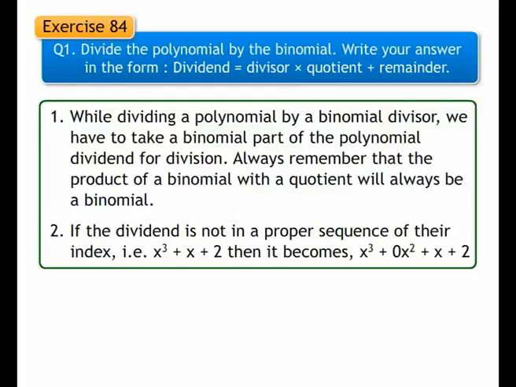In such a case, you will insert a 0x square in the dividend after x raised to 3. In other words, the dividend should always be in the descending order of their index. And hence, here our dividend in such a case will become x raised to 3 plus 0x square plus x plus 2.